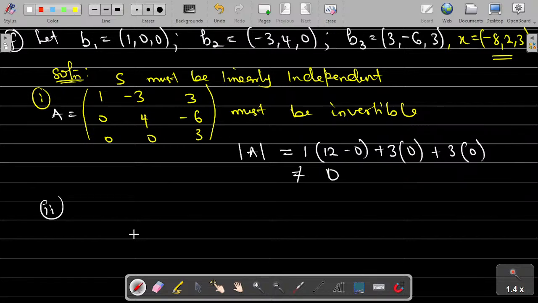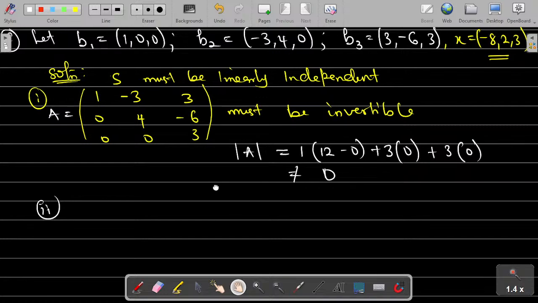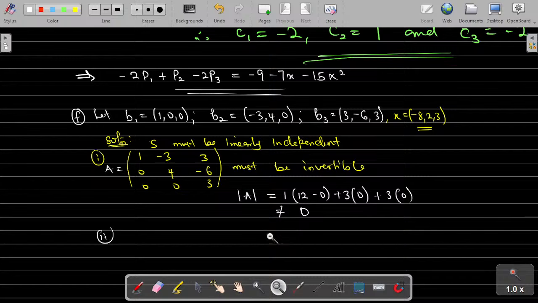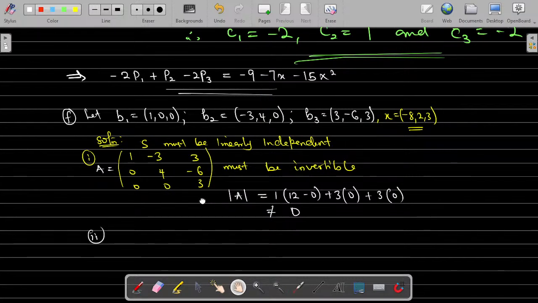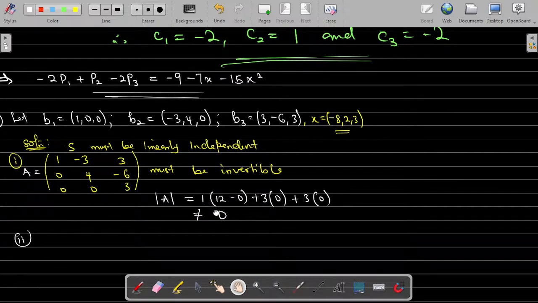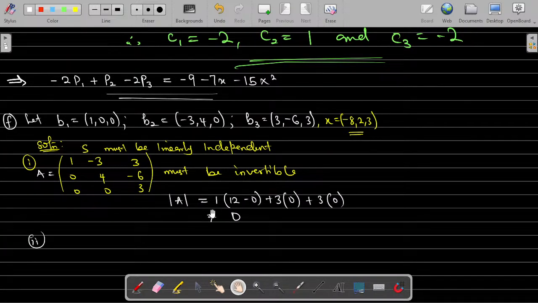And to show that it spans R3 is to show that we can determine some C1, C2, C3 such that a linear combination of C1, C2, C3 with this B will be equal to this X. So in other words, we are trying to show that, I think this board is filled up, so let me try to reduce it so that we can probably do what we want to do here.